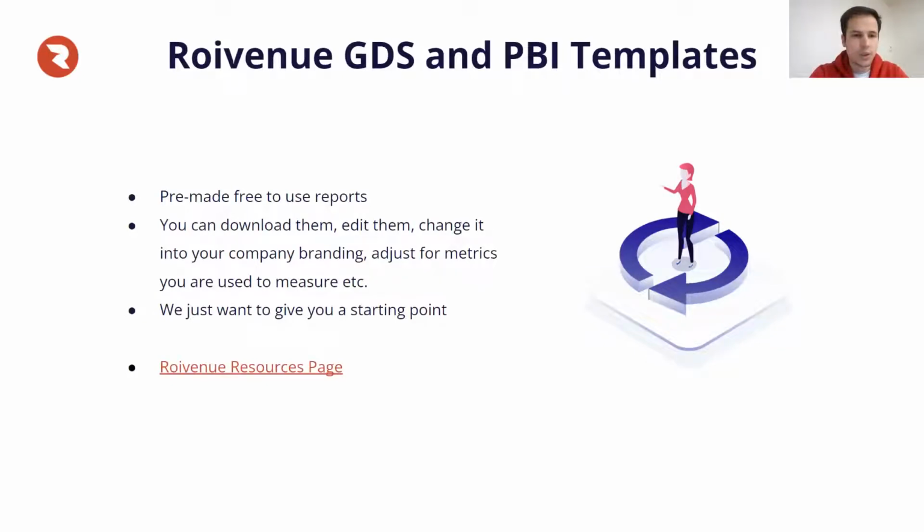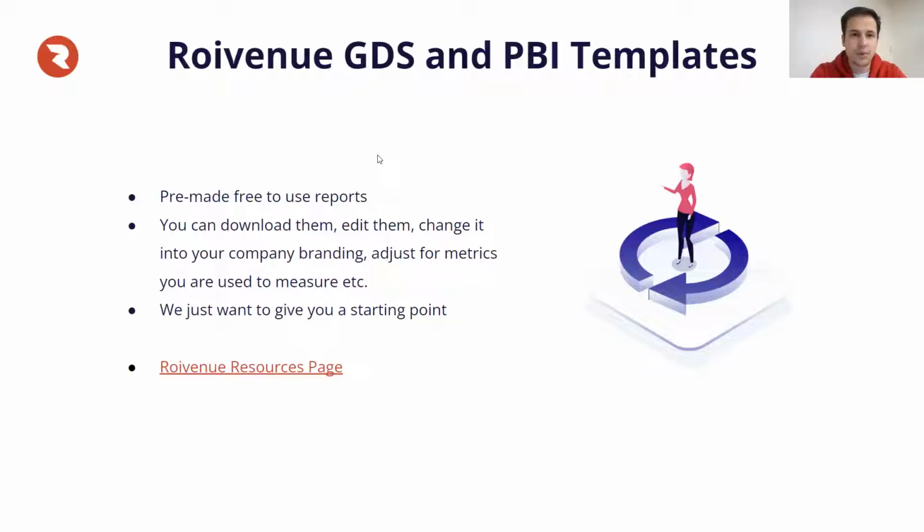The option we would like to present to you is our Data Studio or Power BI templates. Those are templates we have prepared, free to use. You can go there right now, download them, use them, edit them in any way you like. You can just use it as a starting point. Create it in your colors, brand it, add features, delete features.